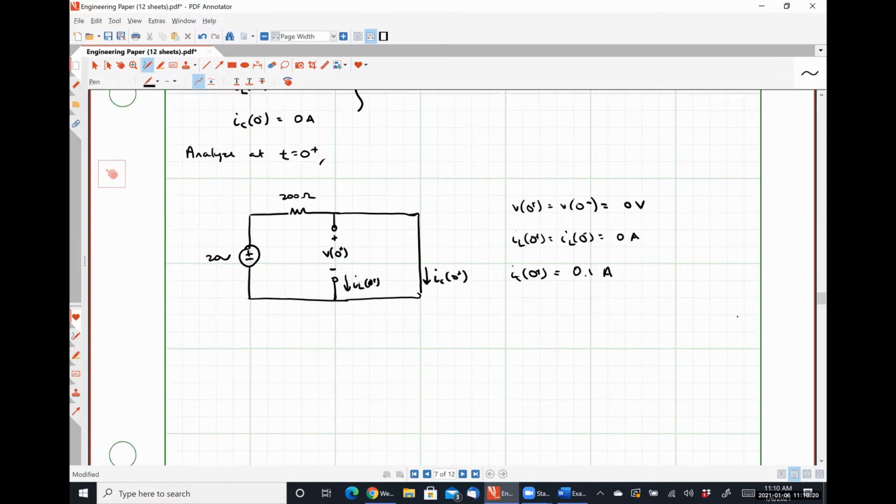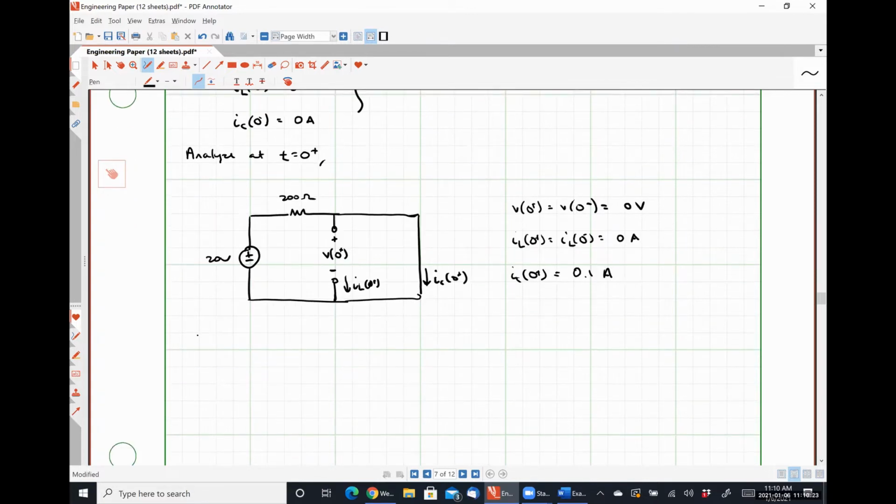All righty. Lastly, we need to figure out what's going on at t is equal to infinity.